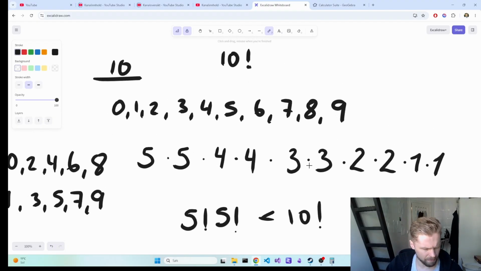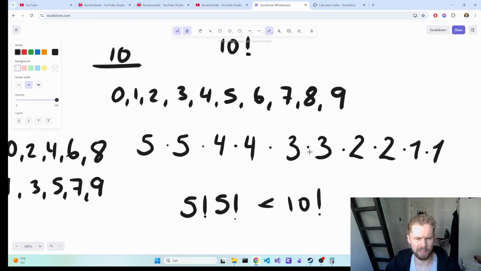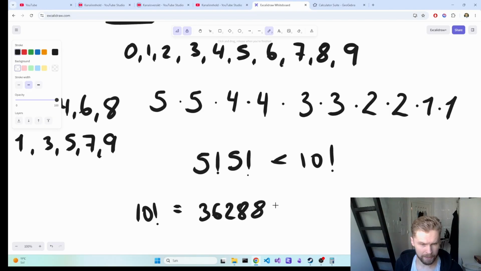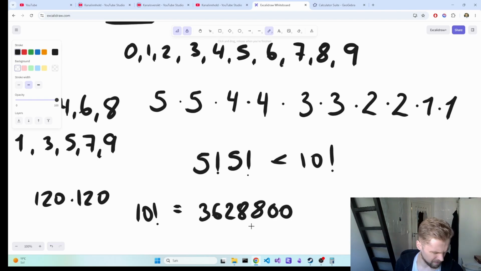Wait, didn't I find something with the 10 factorial? Oh yeah, this is much less, isn't it? Because in the other exercise, we got that 10 factorial would be 3,628,800. But this is going to be 120 times 120, which is definitely not going to reach that. So maybe that's it? Maybe that's it, dude.